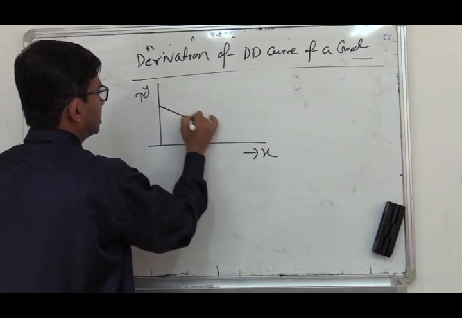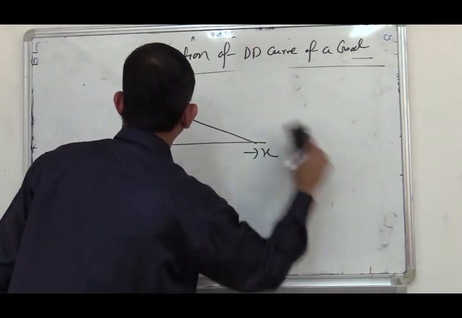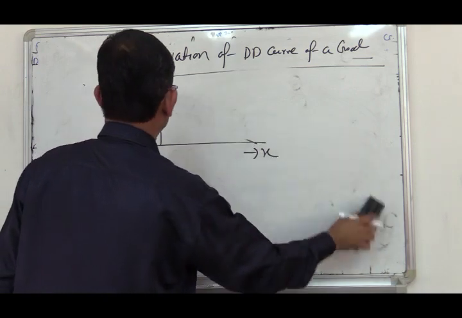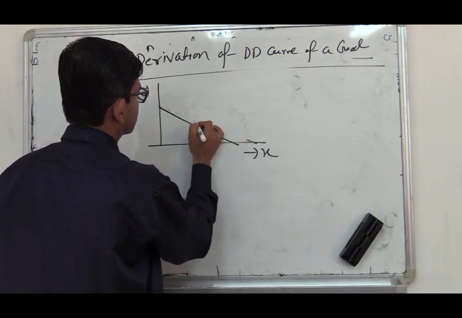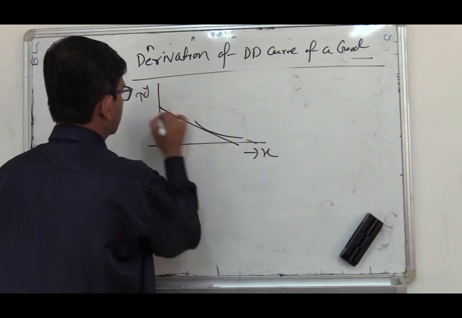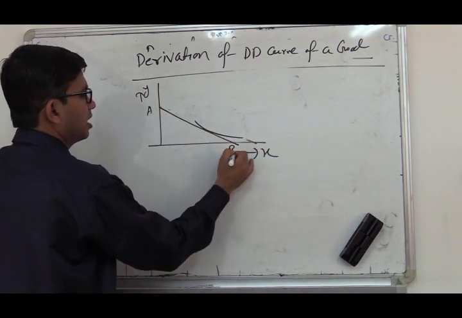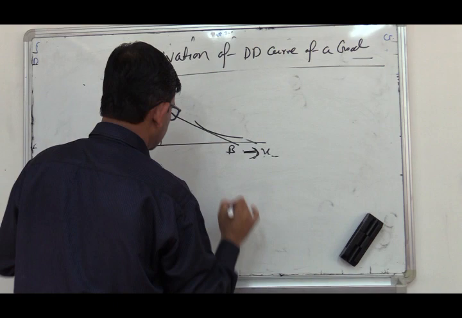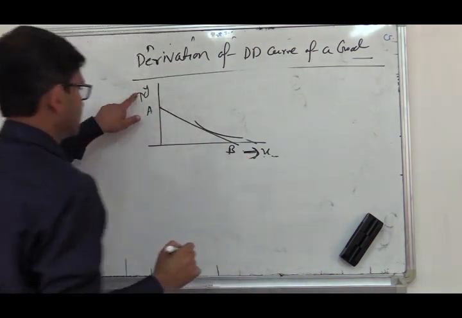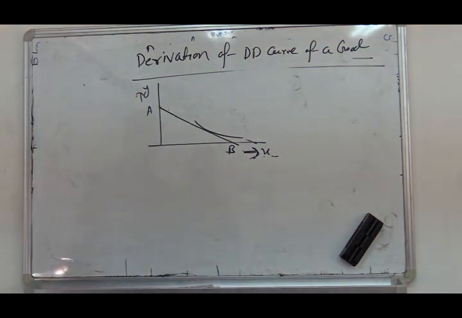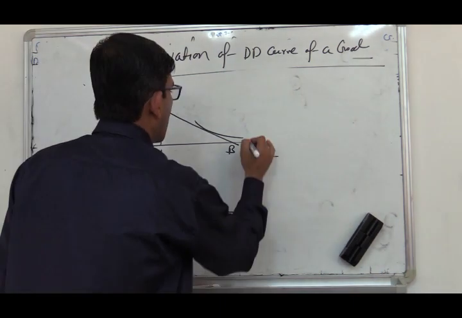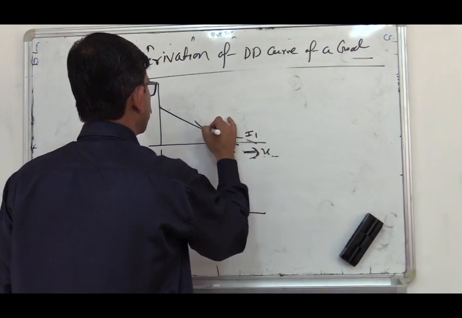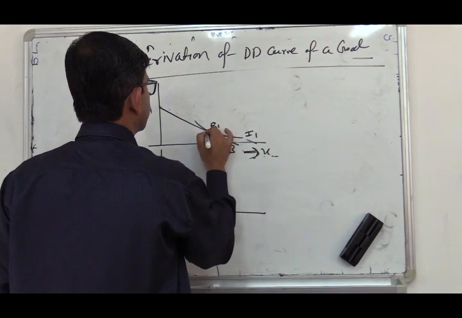So initially, AB is the budget line; in the horizontal axis we measure X, in the vertical axis we measure Y. The indifference curve is I1, and the equilibrium point is E1.